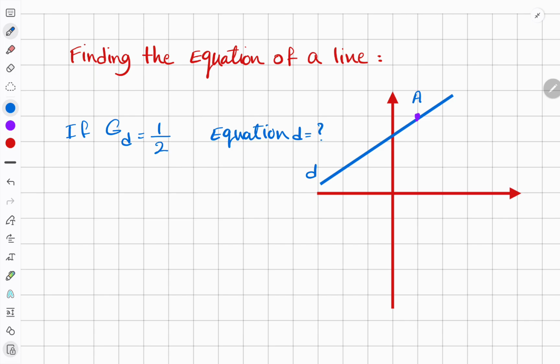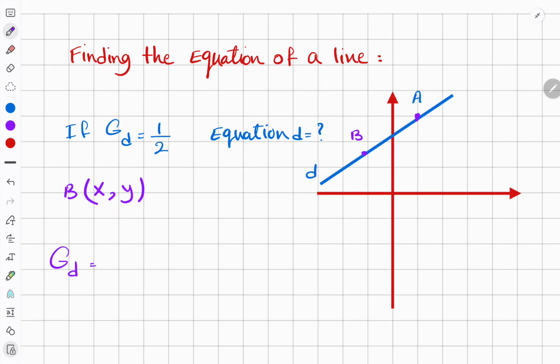So suppose we have another point like B that lies on the line. So we have point B and we consider the coordinates of B as x and y. B is something like here. So because we have the gradient, I'm going to use the formula of gradient.